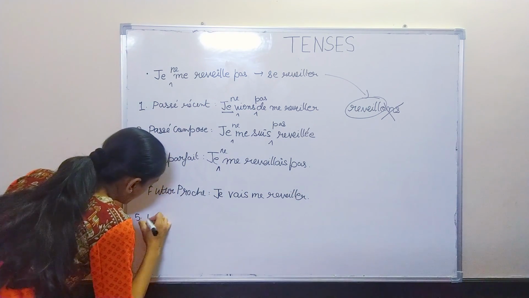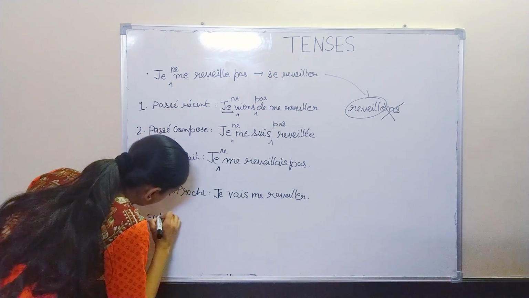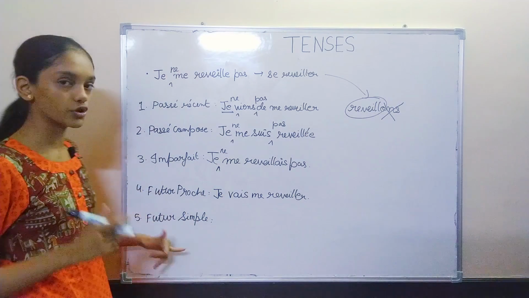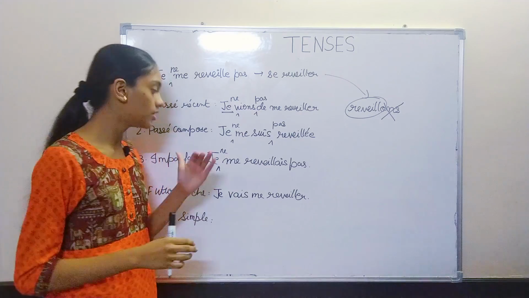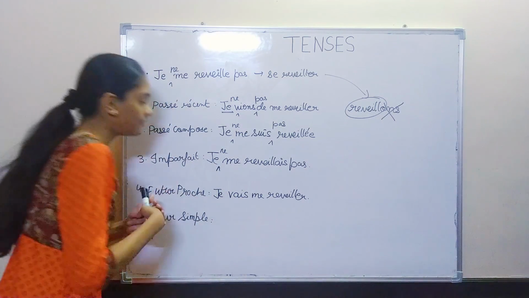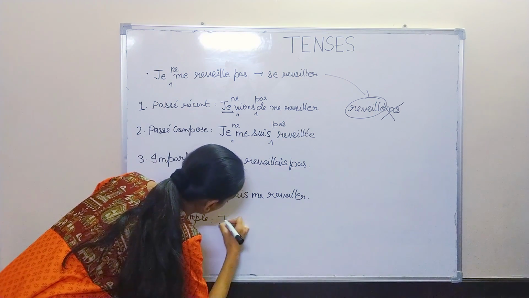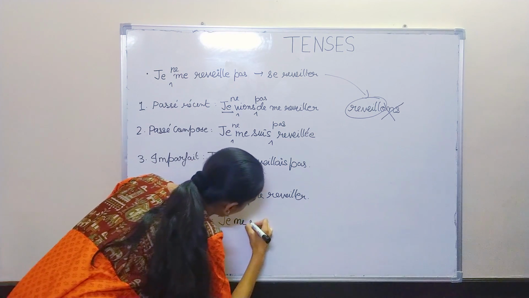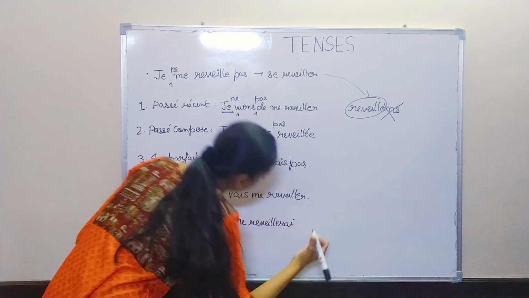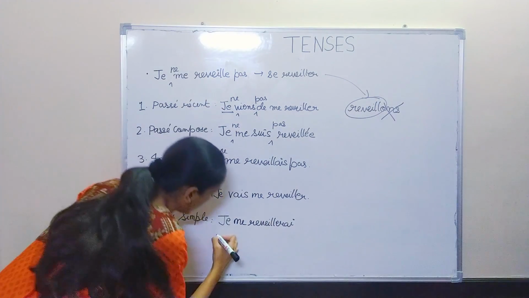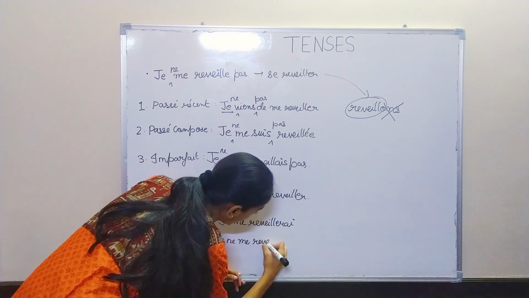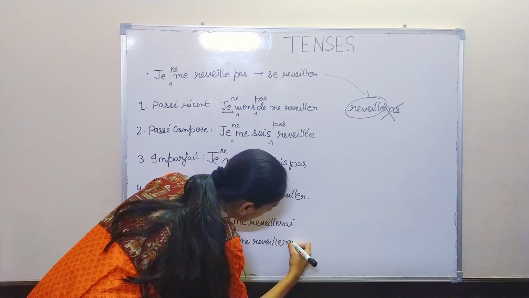And in future simple, as it is not an exception, we take the infinitive and we will add ai, which is the conjugation for avoir in first person singular. So it's je me réveillerai. Okay, and to negate it, je ne me réveillerai pas.